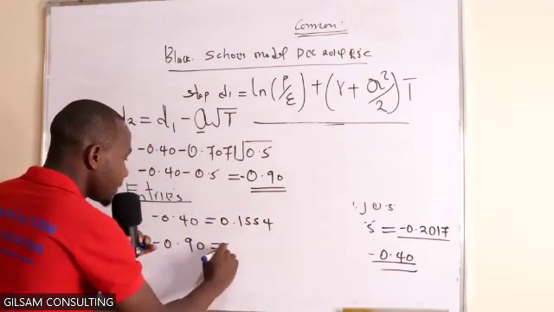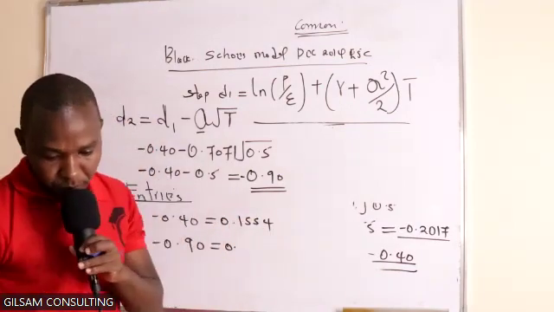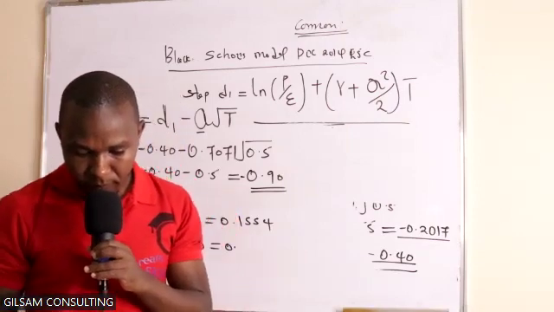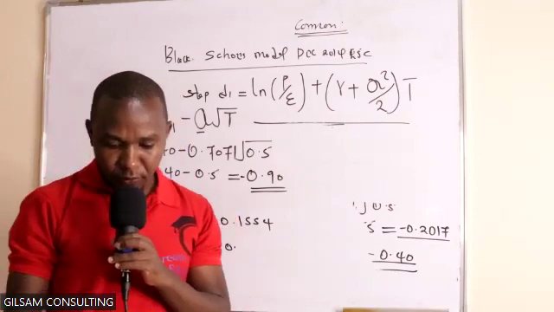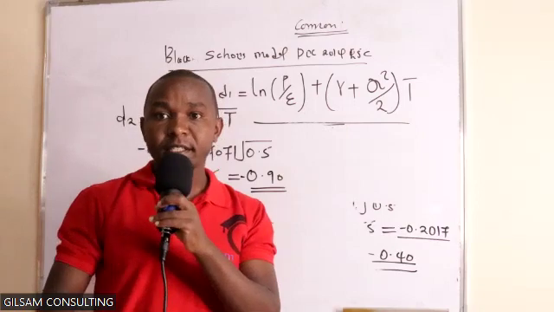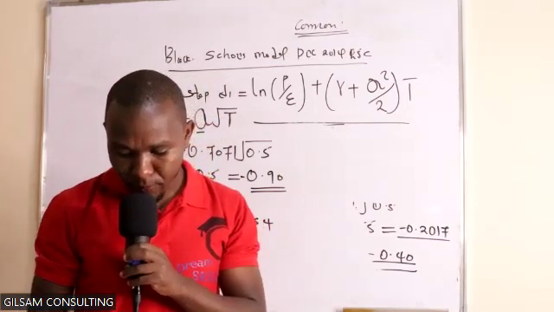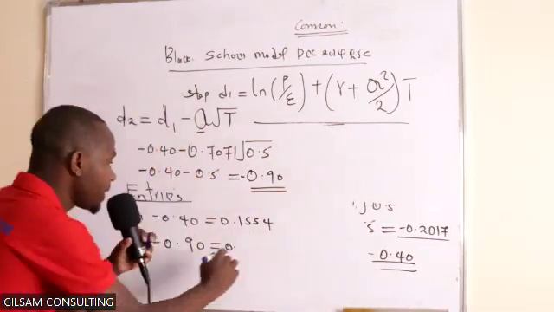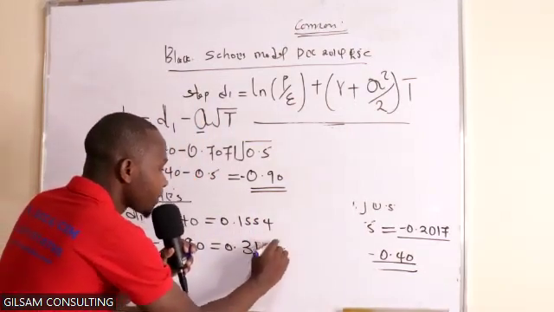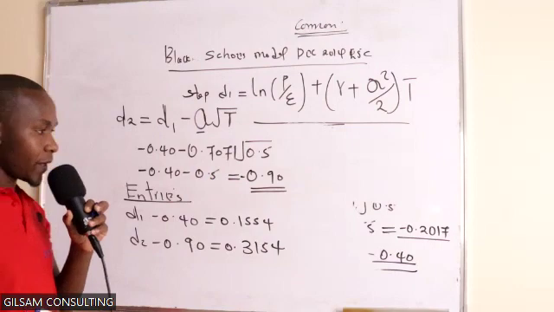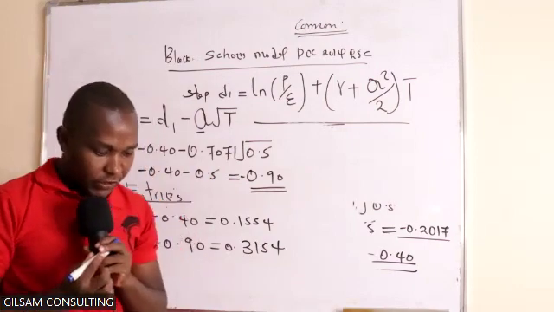The next one is 0.90. So we go up to 0.90 and read the value, which is 0.3159. So those are the entries.